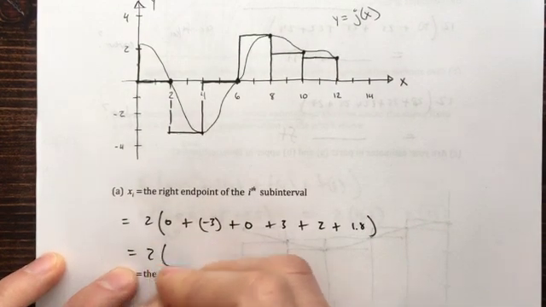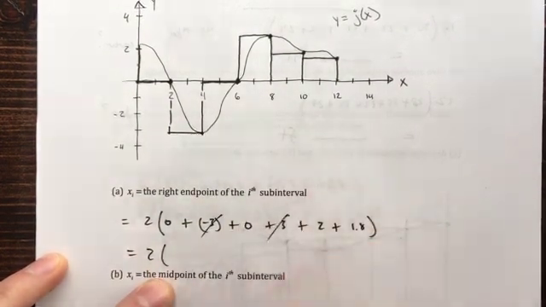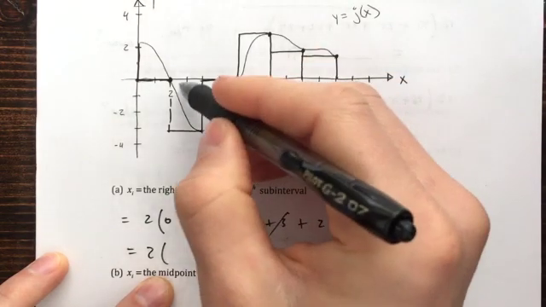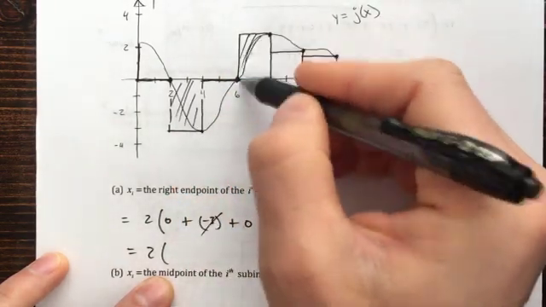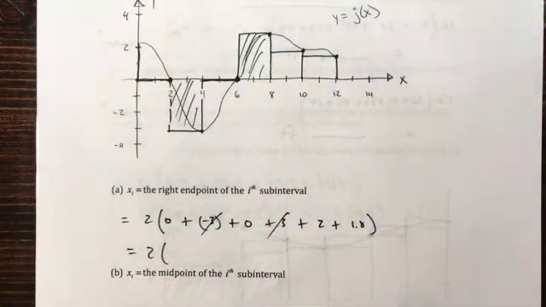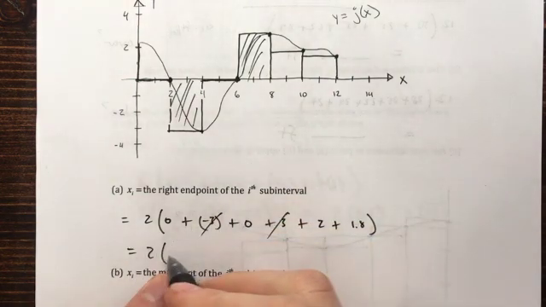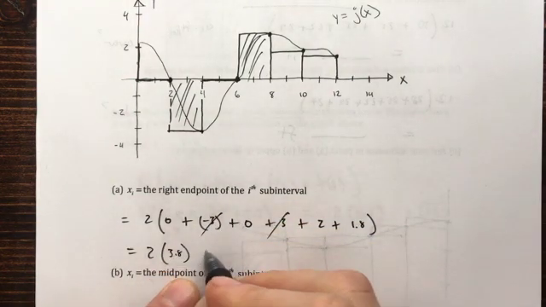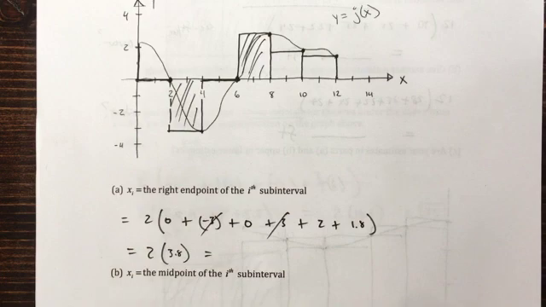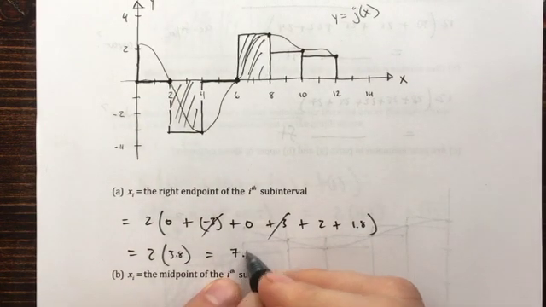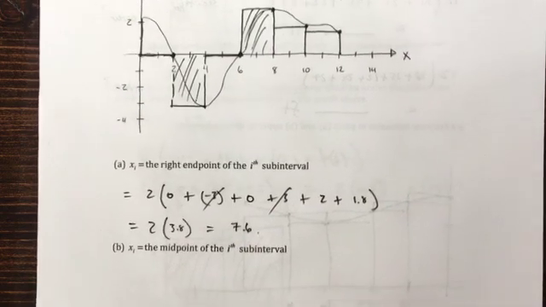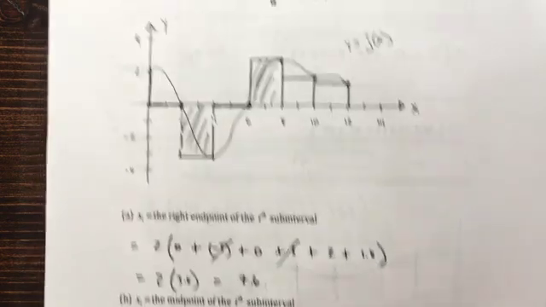So that would be 2 times, these are going to cancel out, the negative 3 and the 3. In other words, that area is negative, that area is positive, so they basically undo each other. And so then it's going to be 3.8, and 2 times 3.8 is 6 plus 1.6, 7.6.